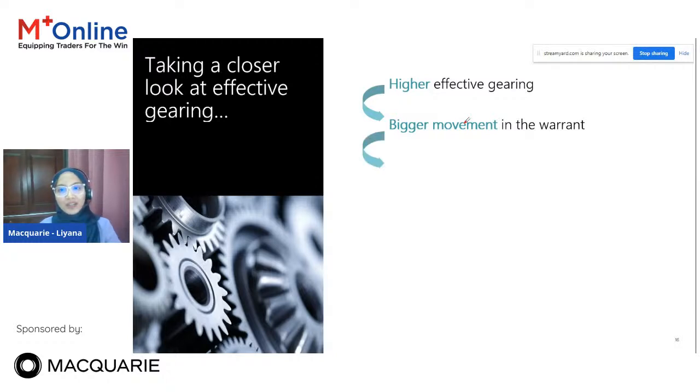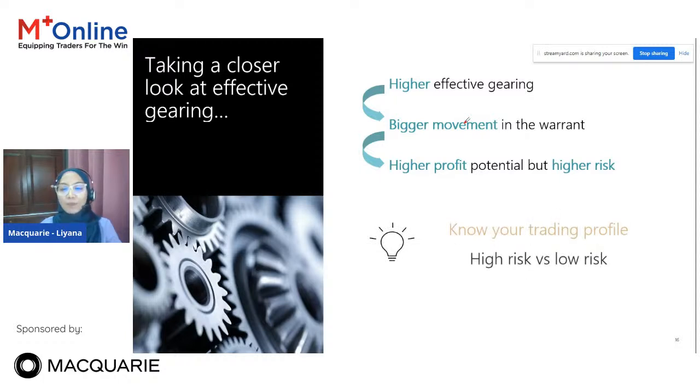Maksudnya bila dia bergerak lebih besar, bermaksud dia akan bagi higher profit potential. Okay, potensi untuk anda mendapatkan keuntungan yang lebih tinggi, but at the same time lagi tinggi profit potential, lagi tinggi juga risiko untuk kerugian, untuk anda rugi. Jadi apa-apa sahaja investment product yang anda trade, you have to know what is your trading style, what is your trading profile.